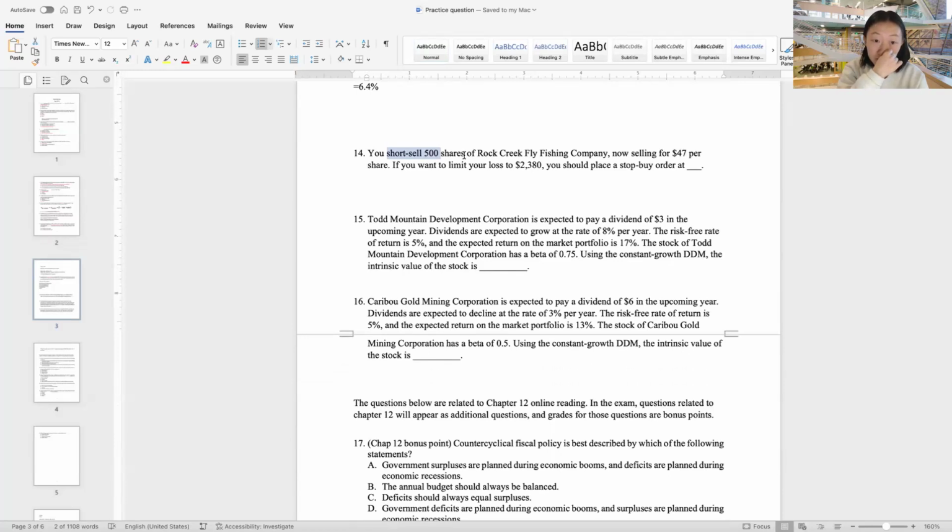The person wants to limit the loss to 2,380, and they should place a stop buy order at what price? So the amount received from the short sale is 500 shares times 47 per share, and that equals 23,500.